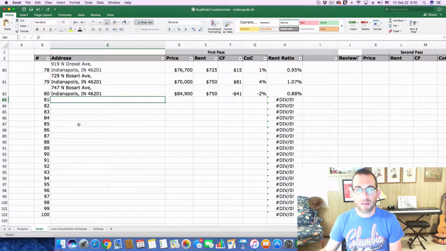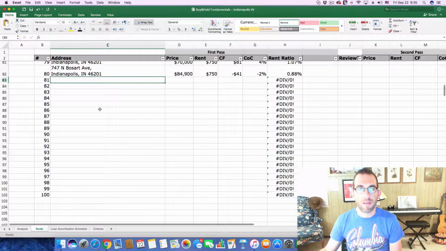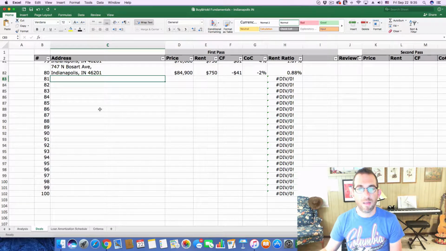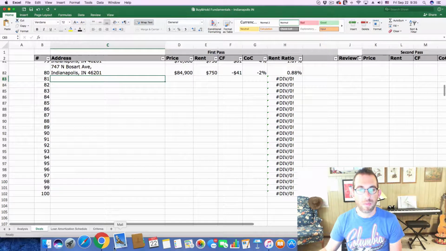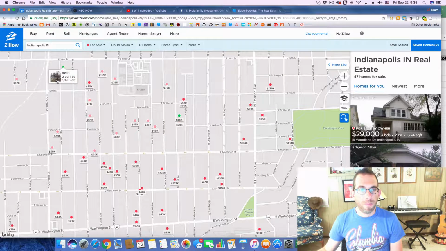And that is part of acquiring the tools that allow you to identify deals as opposed to being led astray. So, with all of that preamble, let's continue.